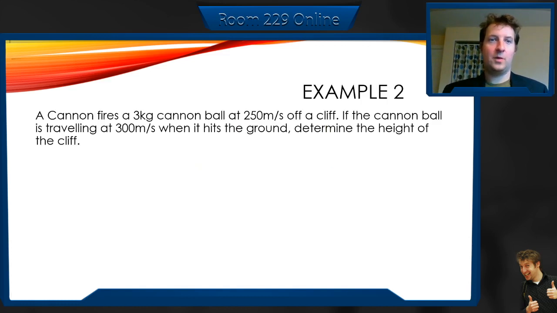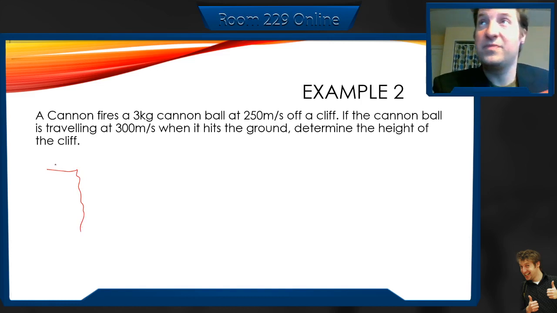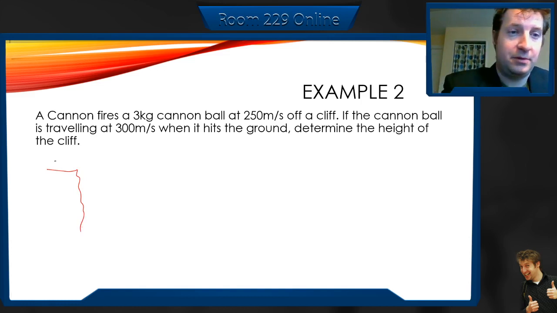Let's try another one. A cannon fires a 3 kilogram cannonball at 250 meters a second off of a cliff. When the cannonball hits the ground, it's traveling 300 meters a second. Determine the height of the cliff. Let's draw a quick little picture. Here's my cliff. Incoming Mr. Stone diagram.